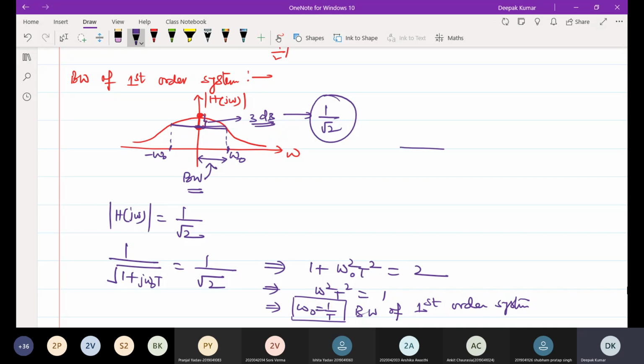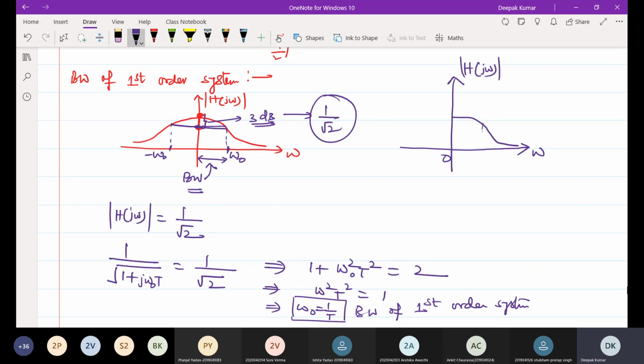So sometimes, if you plot only for the positive values of omega of the magnitude spectrum, this is another case. If you plot only the right side, it will look like this.